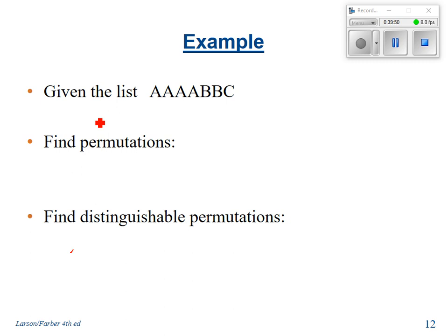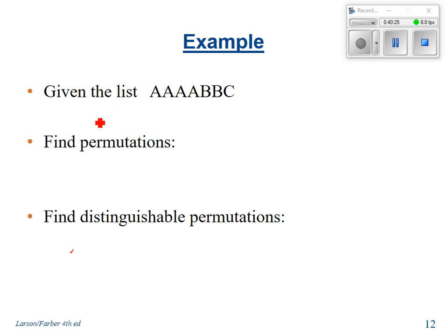So this is 7 times 6 times 5 times 4 times 3 times 2 times 1 over 4 times 3 times 2 times 1 times 2 times 1. I'm going to cancel this out, cancel that out. Then I just do 7. Here I'm going to do a little math. 6 divided by 2 is 3, so I'm going to change that to 3 and get rid of those. 7 times 3 is 21. 21 times 5 is 105.